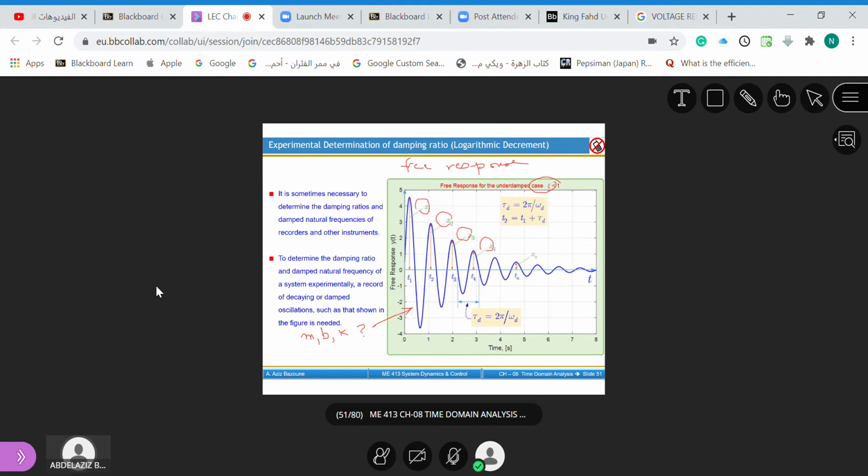So this method is called the logarithmic decrement method, which is an experimental method, because in the experiment, you do your experiment and you obtain this response. But unfortunately, you don't know the parameters of your system. So this is an experimental way to find these parameters using the logarithmic decrement.